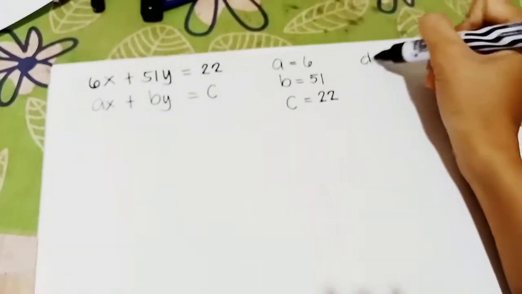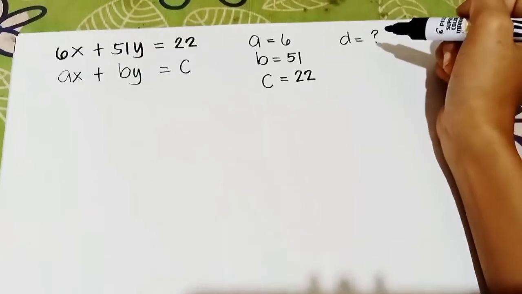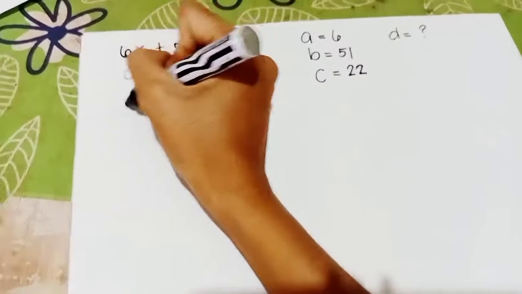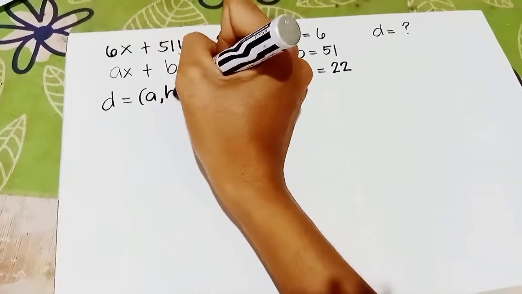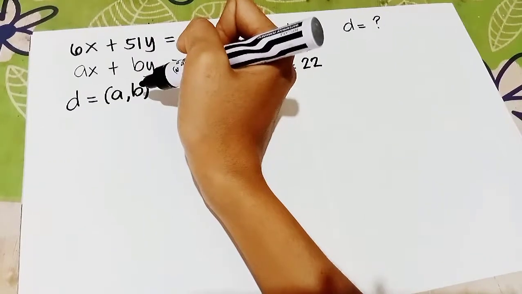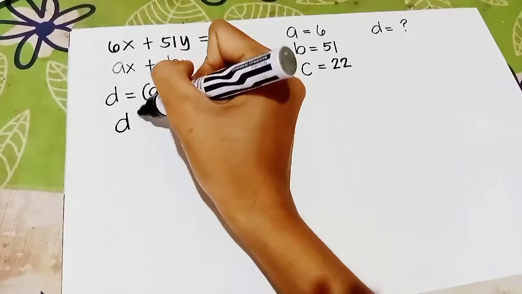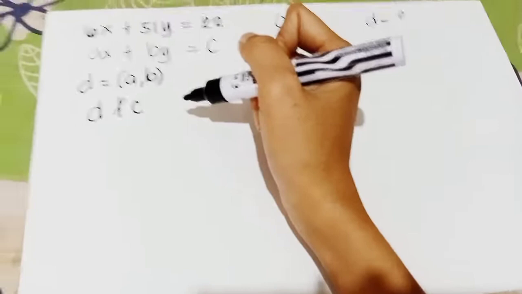Let's find the value of d. So let's prove theorem 2, that if d equals the GCD of a and b, and d does not divide c, then it has no solution.